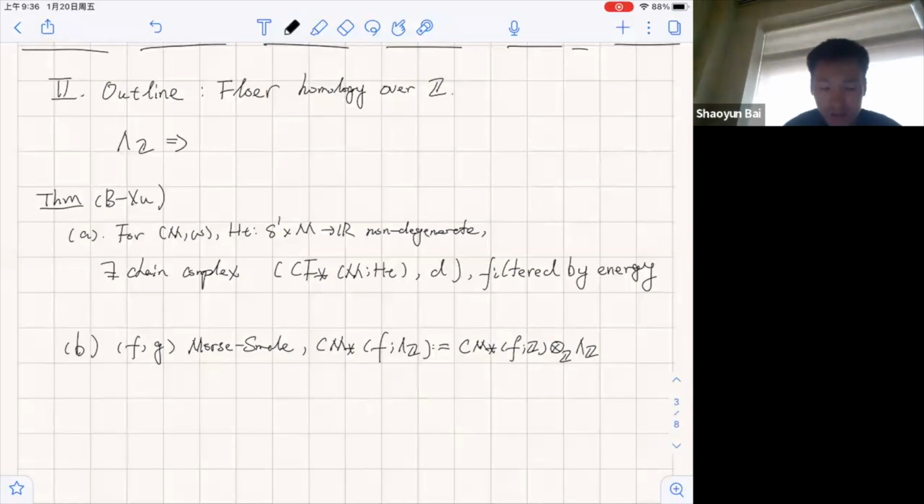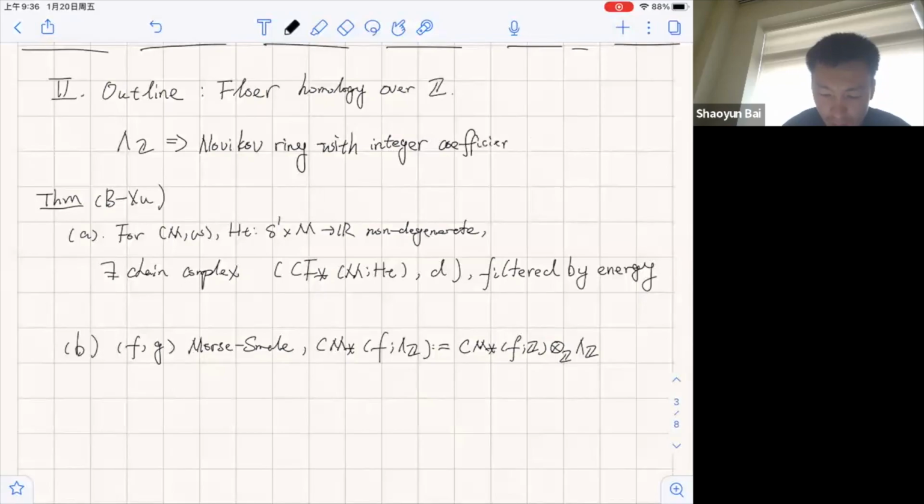Let me use the notation Lambda sub Z to denote the Novikov ring with integer coefficients. Then we can state our theorem.